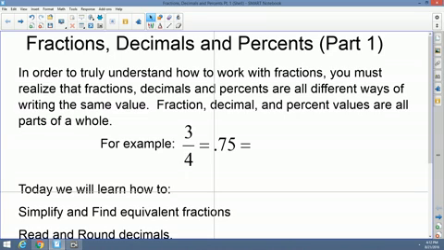It can also be converted to 75%. So 3/4, 0.75 or 75 hundredths, and 75% are all the same exact value. They just have a different appearance. One is in fraction form, one is in decimal form, and one is in percent form. But other than that, they're exactly the same.